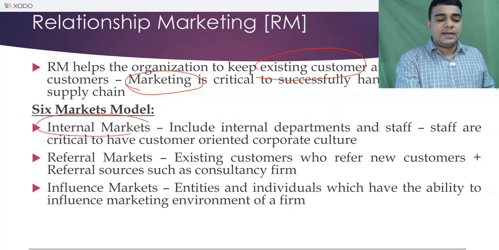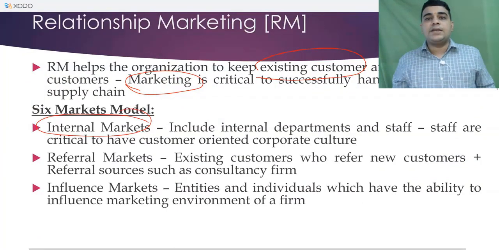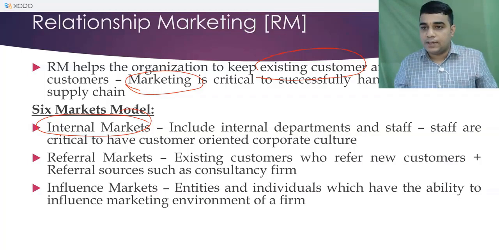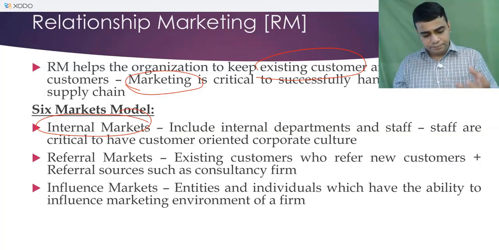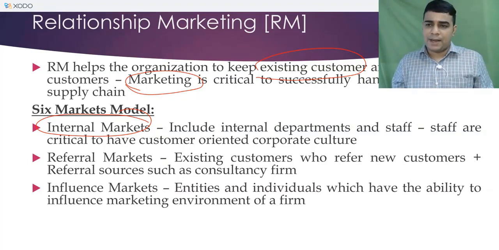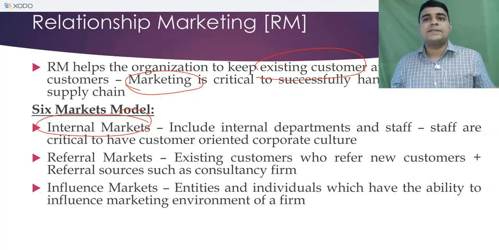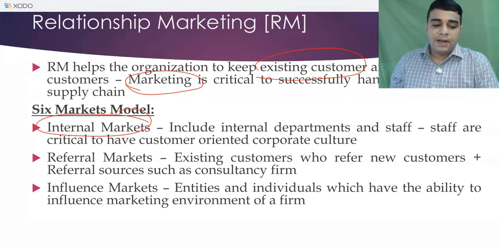Internal market is the internal stakeholders of the company. I need to take care of my internal stakeholders. The internal stakeholders can be part of your procurement team, your manufacturing team, your sales and marketing team, or your R&D team. These people will have to be managed.